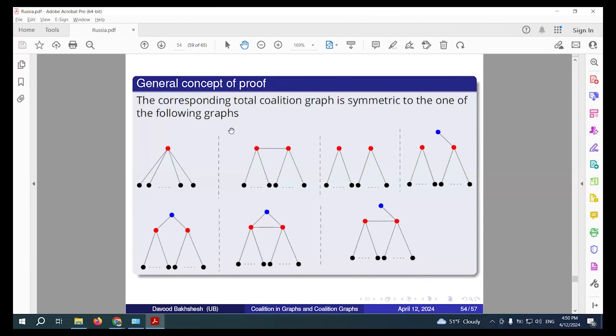For the proof, we prove that the corresponding total coalition graph is isomorphic to one of the following graphs. In these graphs, the black vertices are leaves, and in every graph you can see that there are at most two red vertices, and there is exactly one blue vertex.